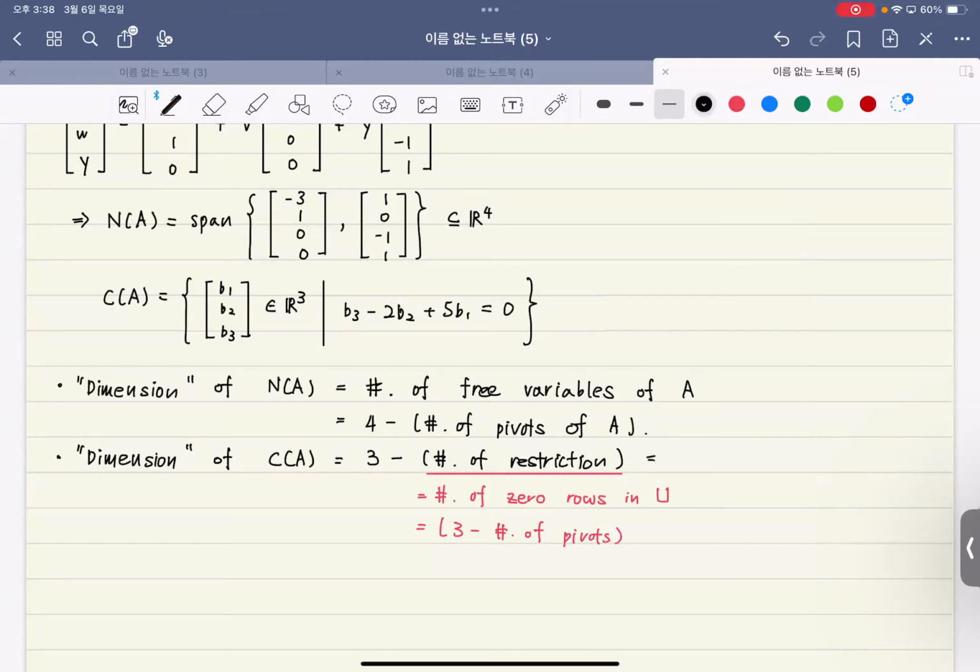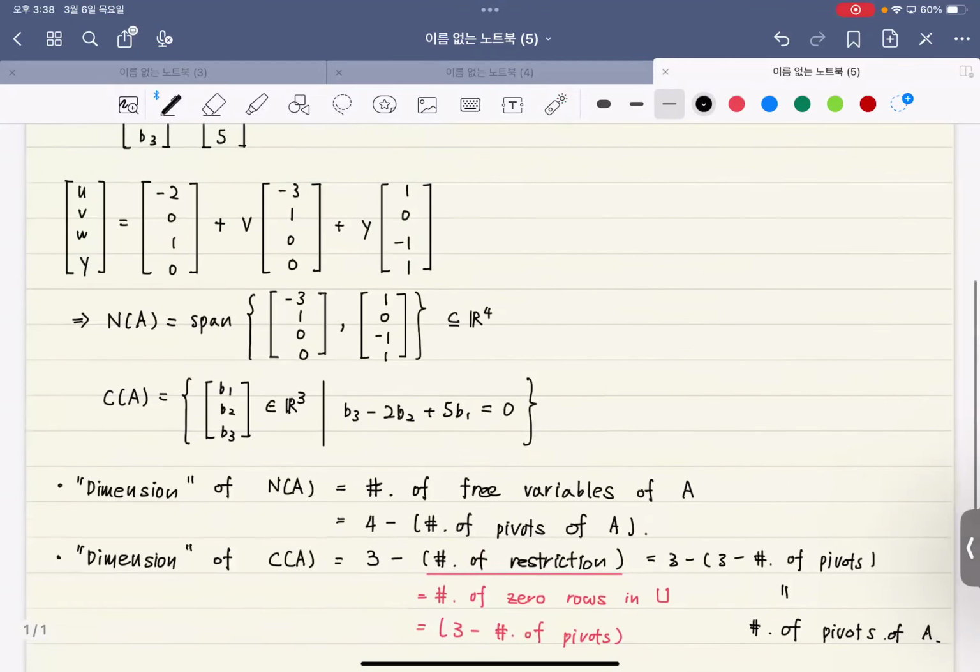Therefore, this is 3 minus the number of pivots, which is just simply the number of pivots. I try to write down everything in terms of the number of pivots of A.